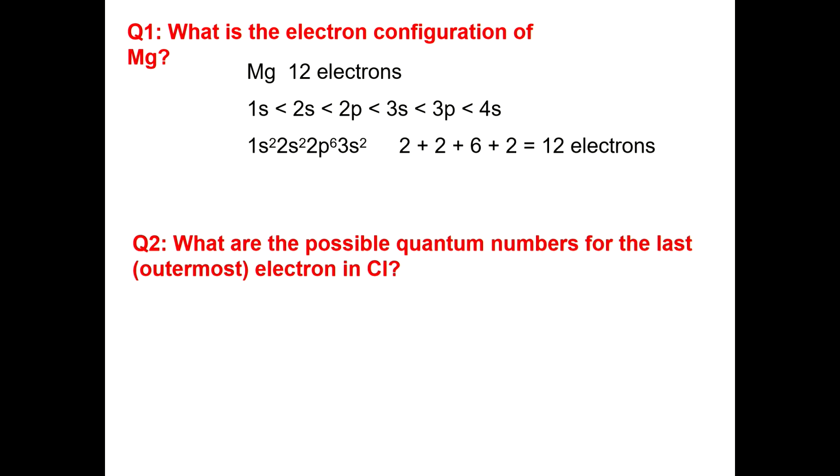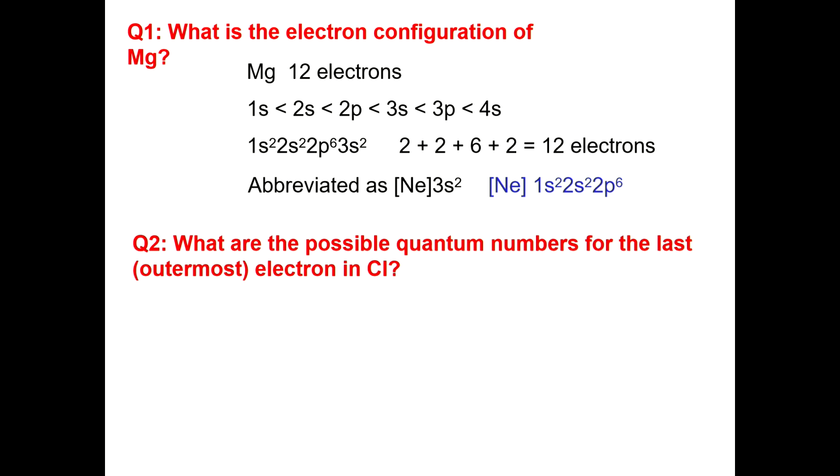Which orbital should the last electron be put in? Yeah, 17. The total number of electrons in chlorine is 17. So the first thing is you should write its electron configuration, right? And then you can figure out the possible quantum numbers.